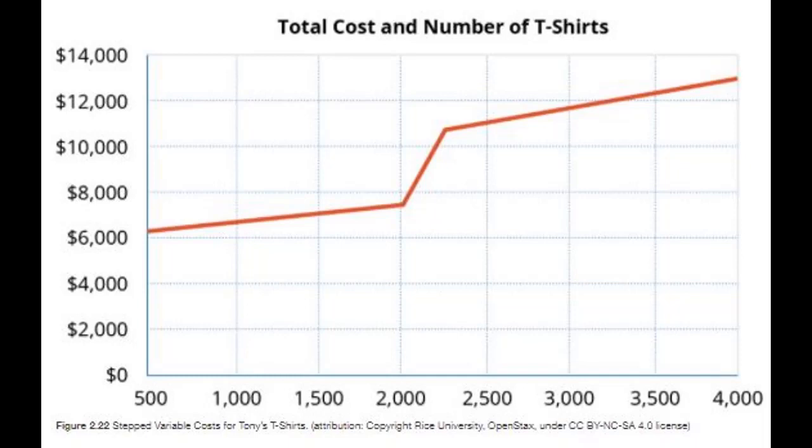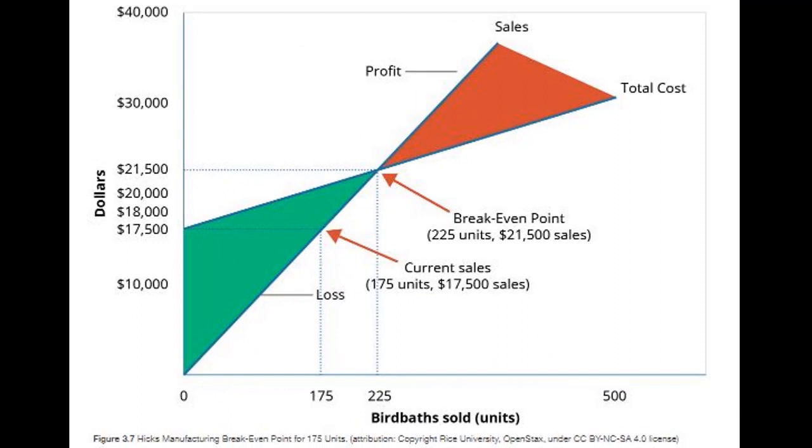Okay, if that makes sense, if you can see that discordant leap in the cost line in figure 2.22, then now let's go back to what we were looking at in figure 3.7.